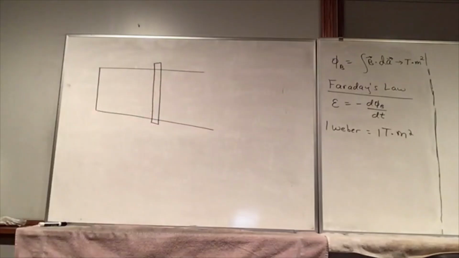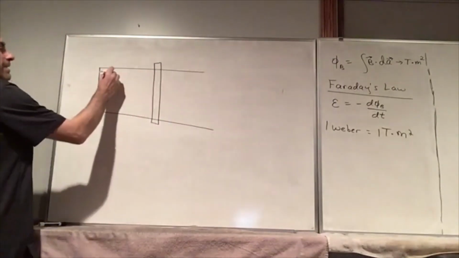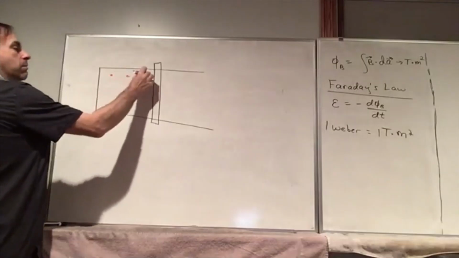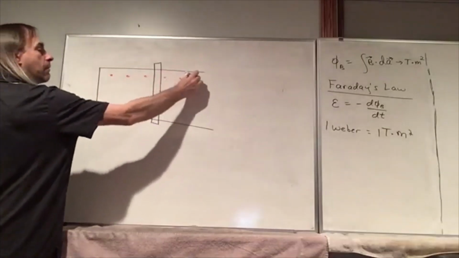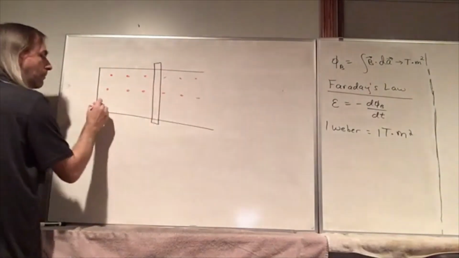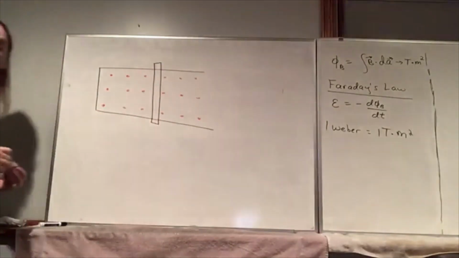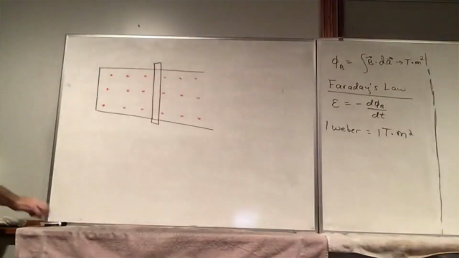And so we have a closed path. We can create a current here. And let's say we have a magnetic field. Let's say it's out of the page. So we've got this magnetic field coming out of the page.